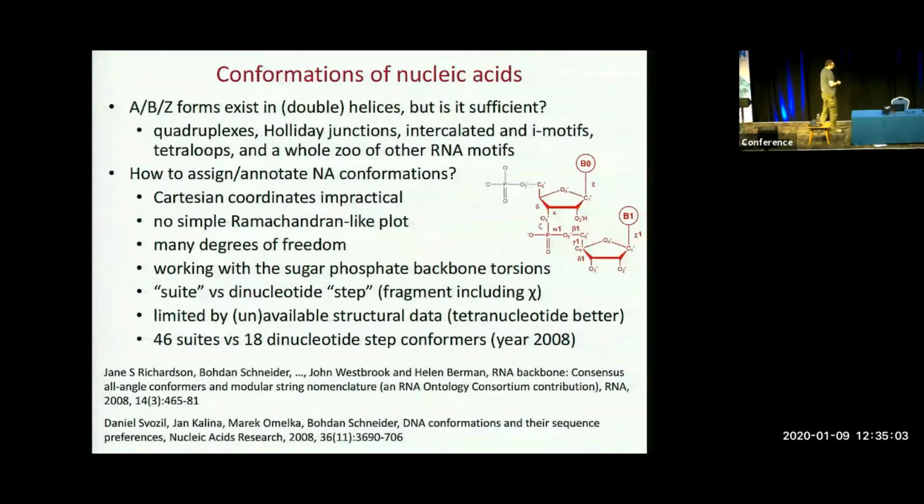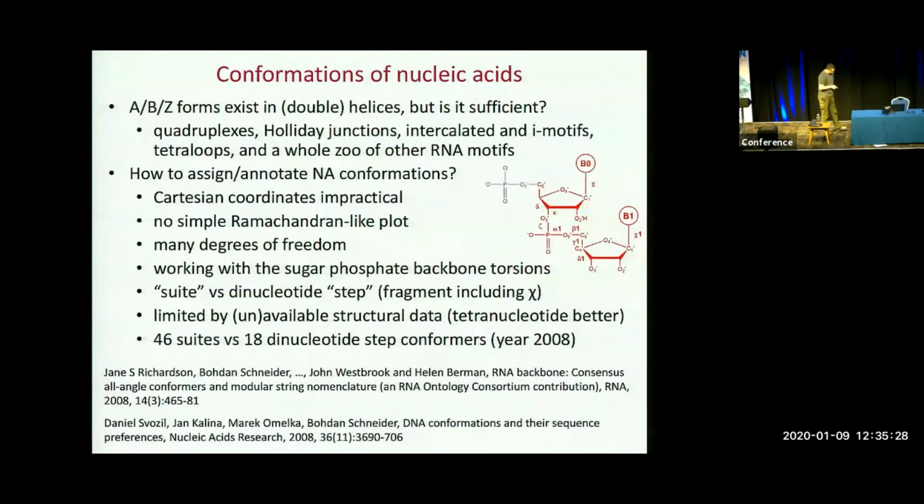So we have to live with the fact that nucleic acids have many degrees of freedom, and the way we did it, how Bohdan and Helen and Richardson started to look at it, is working with the sugar-phosphate backbone and its torsion angles.